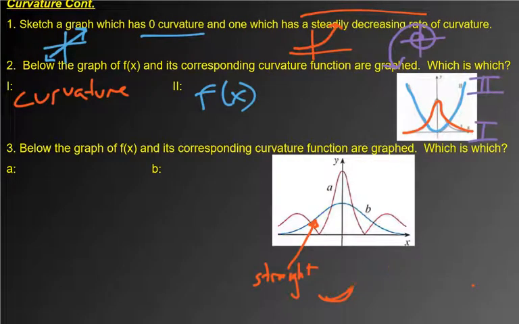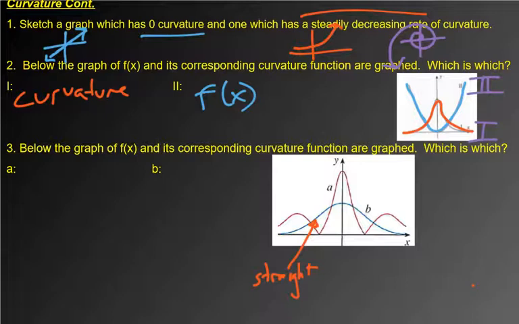And so that means that somewhere in here and here, there's a curvature of 0, which is exactly what this red graph is showing. You also have places where there's a lot of curvature. There's a lot of turning happening on the blue one right there, so it spikes on the curvature graph.